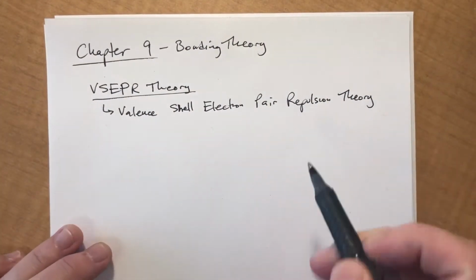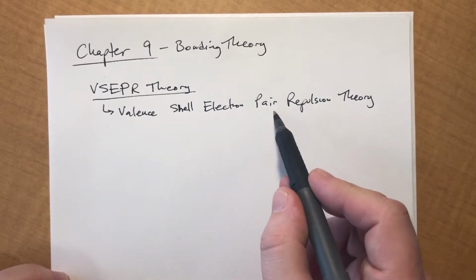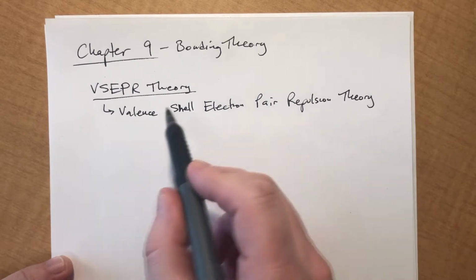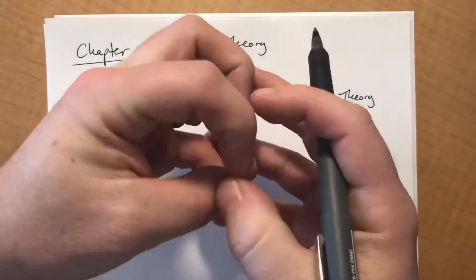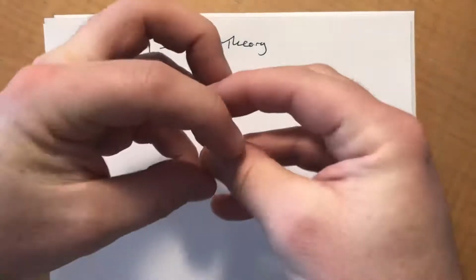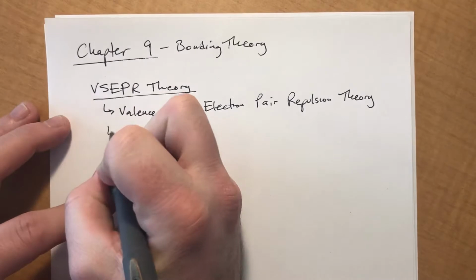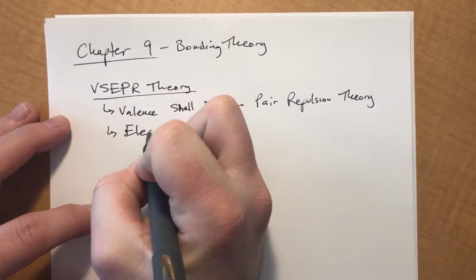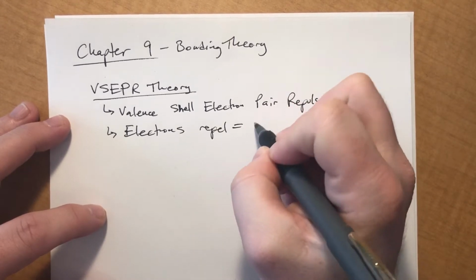It's the repulsion part. Whether they're lone pairs or shared pairs, whether they're bonds, those valence electrons on the outside are the ones that are repelling each other, and it's forcing the atoms to get as far apart as possible. The result is that electrons repel, and that creates geometries.